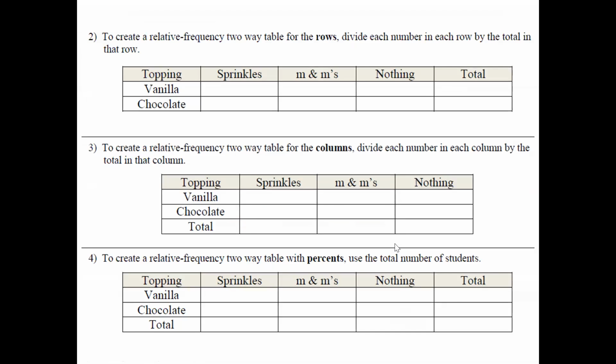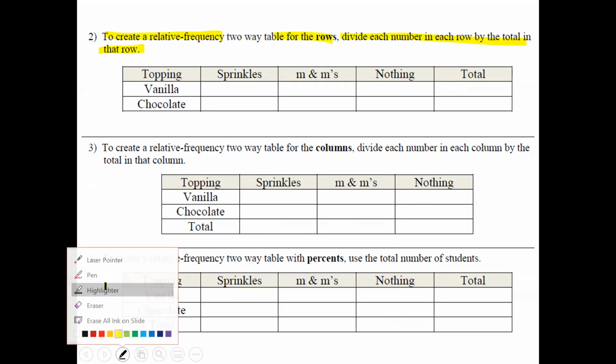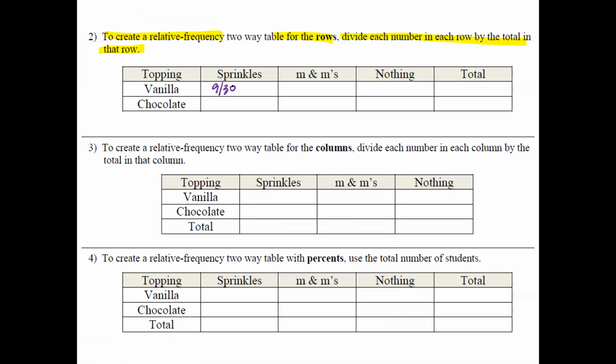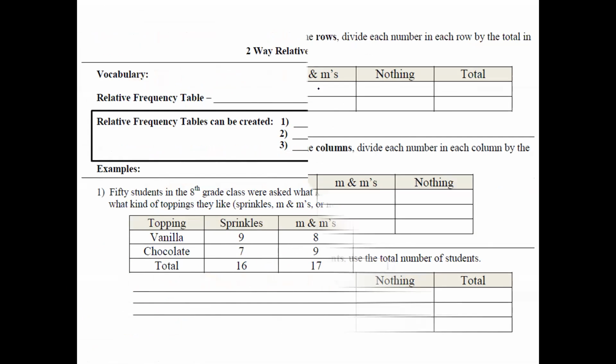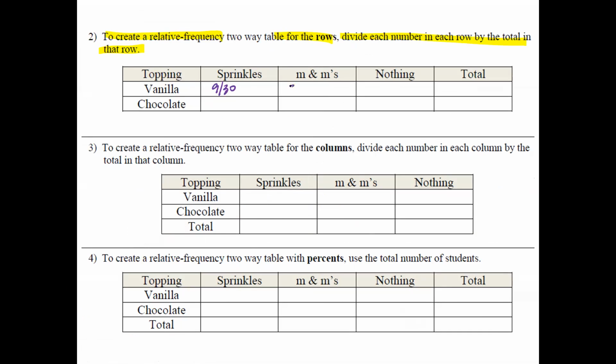So you're going to do 9 divided by 30, 8 divided by 30, and 13 divided by 30. Total is 30, okay? So divide that and write down your number right here.